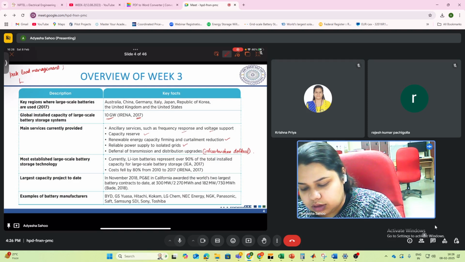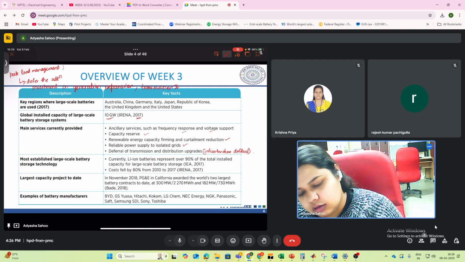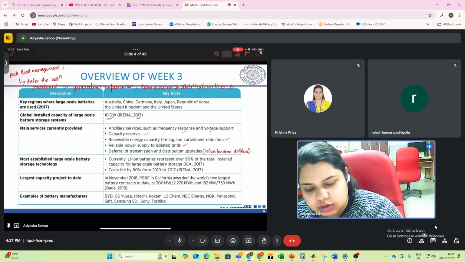So with these applications, we can defer the additional investment in generation expansion, that is addition of new generators to the system, or deferral of investment in the transmission and distribution lines, that is network expansion, transformers, substations, basically all those things.